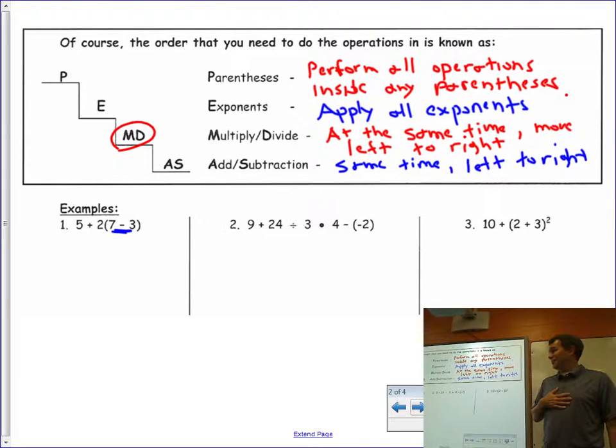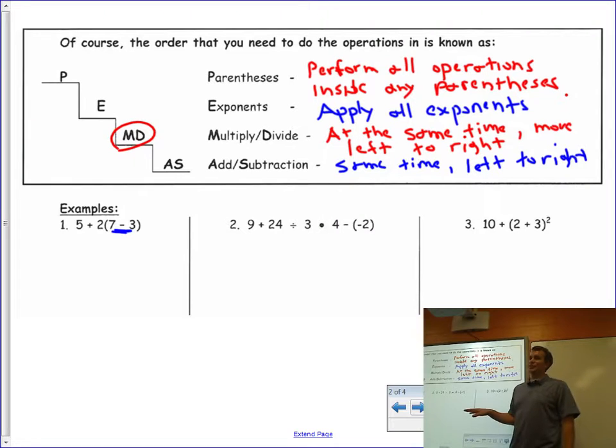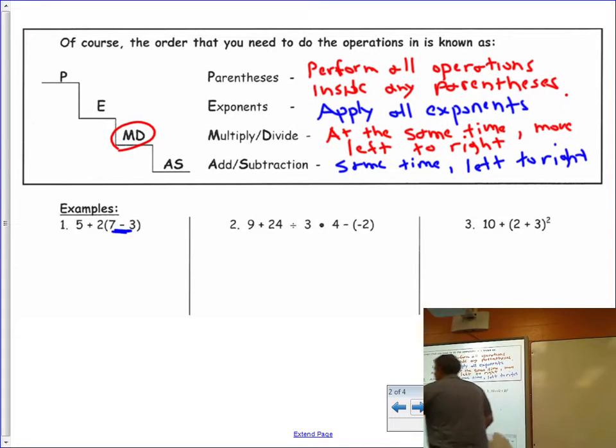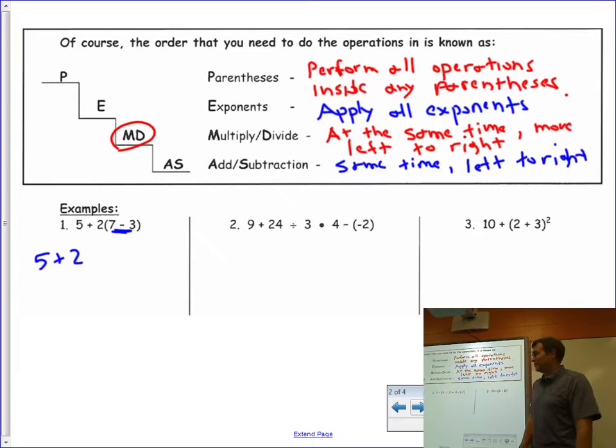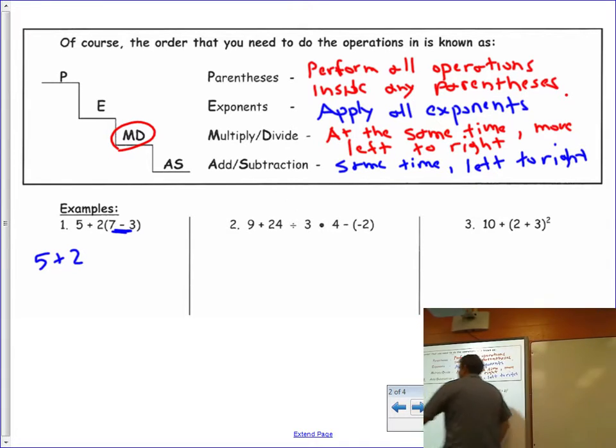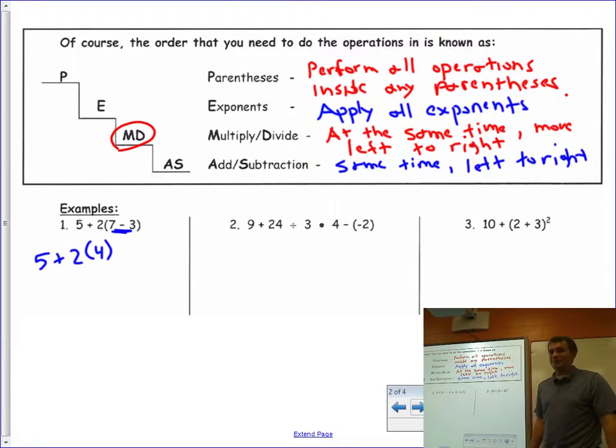This tells me that it's being used as multiplication. It's 2 times what's in parentheses. So I'm not going to want to lose that multiplication operation when I do the parentheses first. I am going to do the parentheses first though, so I'm going to rewrite the rest of the problem, 5 plus 2, and then I'm going to write times 4. I like to continue to use the parentheses for multiplying.